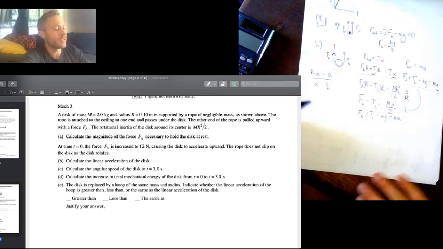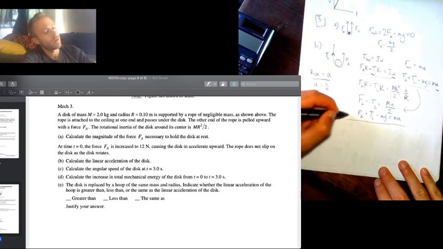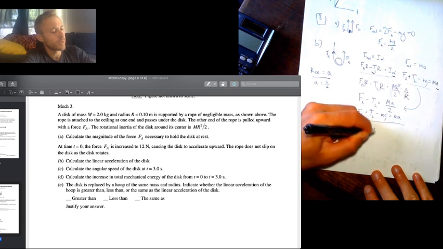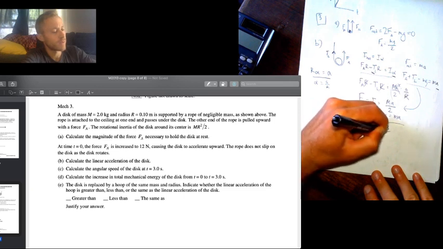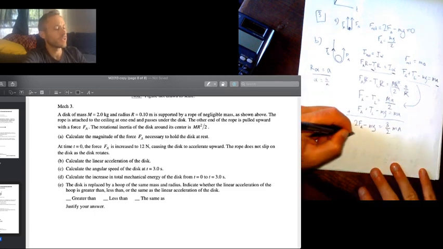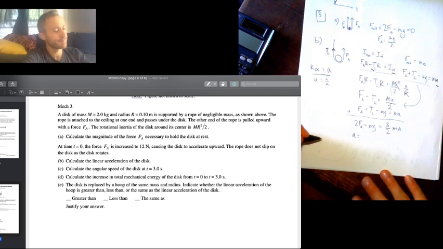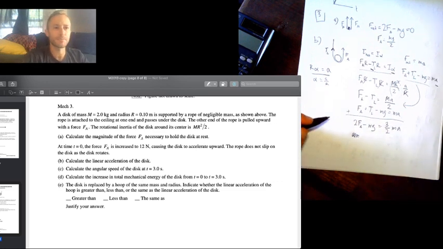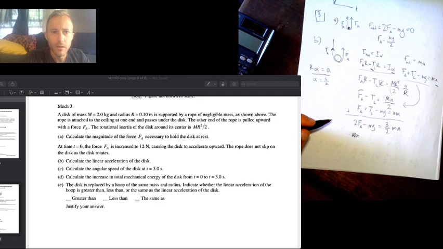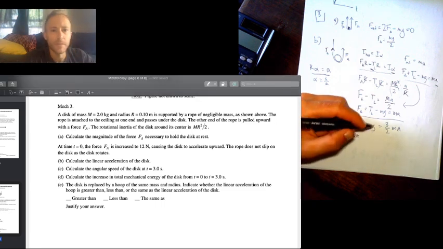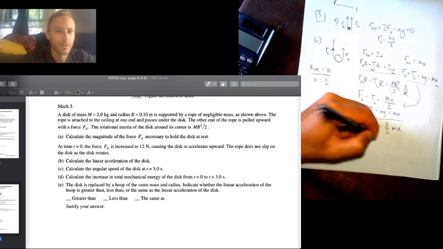So I'm going to add these two equations. 2 F sub A minus mg equals 3/2 ma. Let me just plug in the numbers. 2 times F sub A is going to equal 24, and mg is 20.